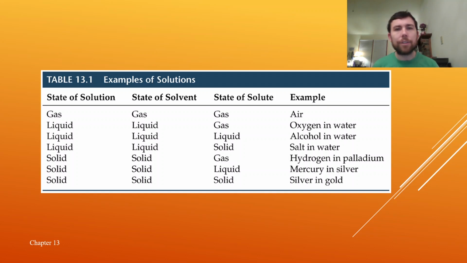What I like here is there are lots of different examples of the different types. So you've got air as an example of a solution, oxygen and water, alcohol and water, salt and water, hydrogen and palladium, mercury and silver, silver and gold. So you're getting to see all these different types of solutions that are possible.